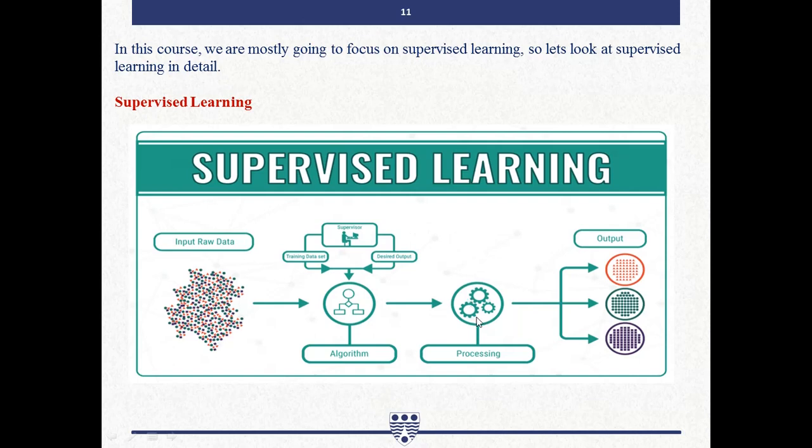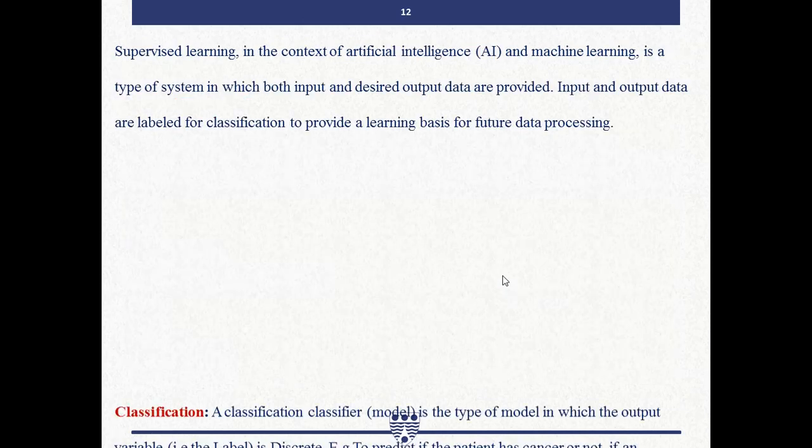The machine learns the pattern. When fixed acidity is this and volatile acidity is this, the wine should be good. When this and this is this, the wine should be bad. When this and this is this, the wine should be normal. That's basically what we do in supervised machine learning. The machine learns from independent variables so as to predict a dependent variable.